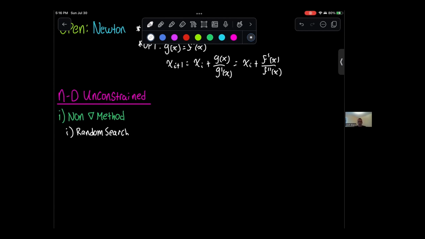Oh, and by the way, n dimensions is something like a 3D shape. So we're trying to find the maximum of this 3D object. Now, random searches aren't very accurate as they just evaluate f of x, y randomly until you reach a maximum.